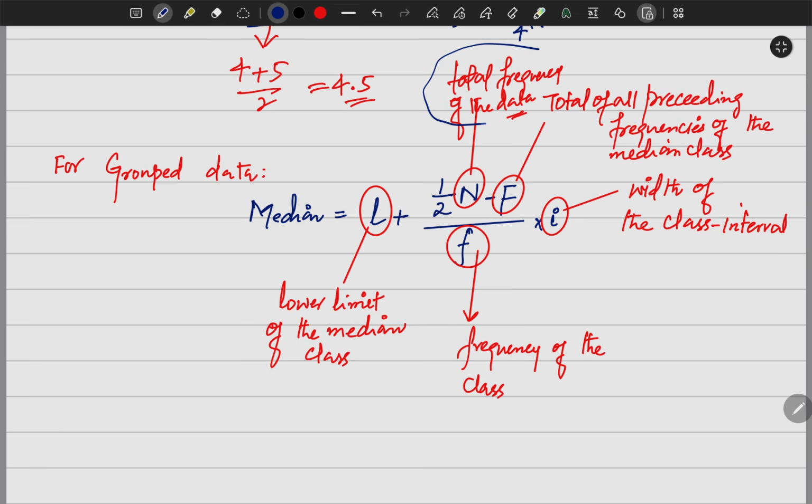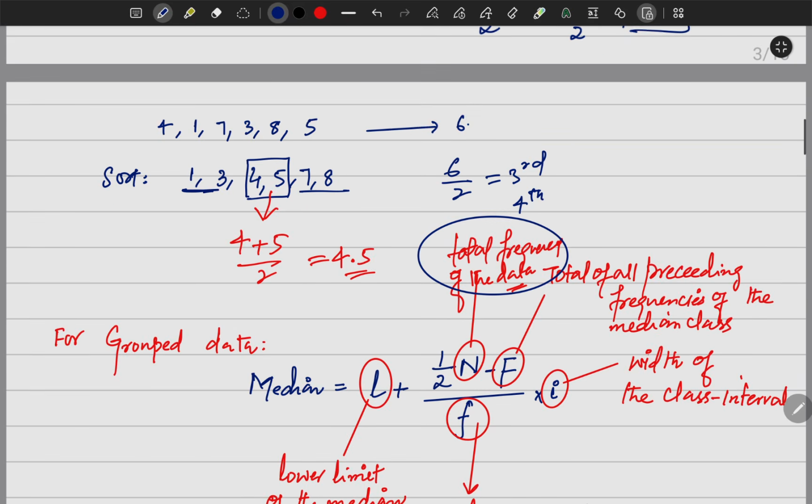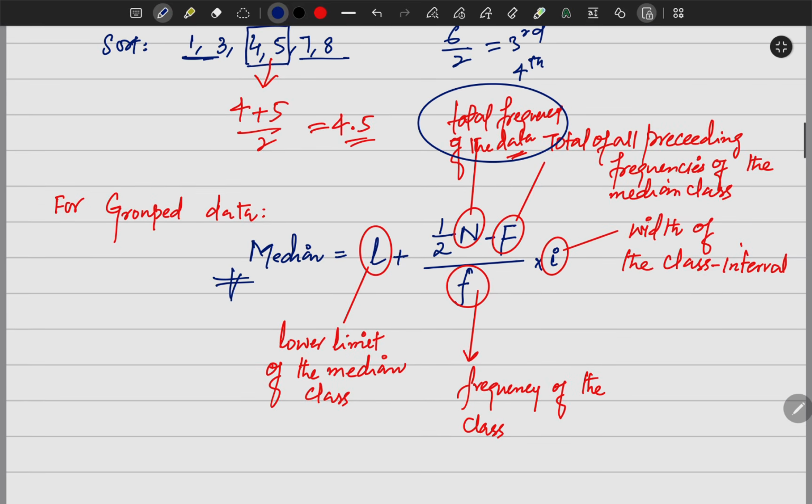So for example, we will do it. You have to keep this formula in your mind. Then we go through one data.